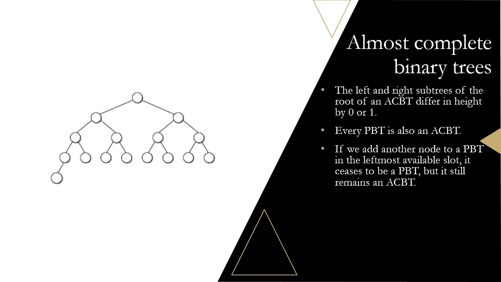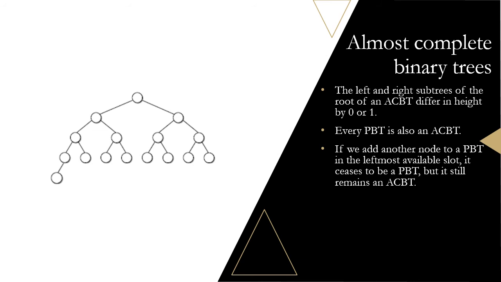And if you look at the right subtree of the root, the height is 3. And left minus right, 4 minus 3, the answer is 1. If you are using this definition of the almost complete binary tree, it is important that you always subtract the right subtree from the left subtree.